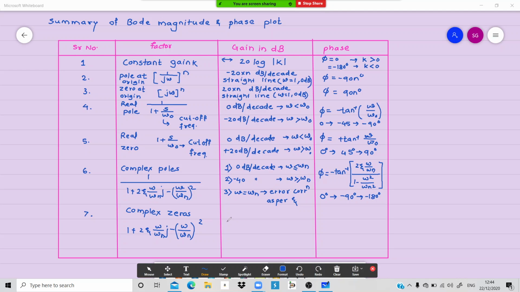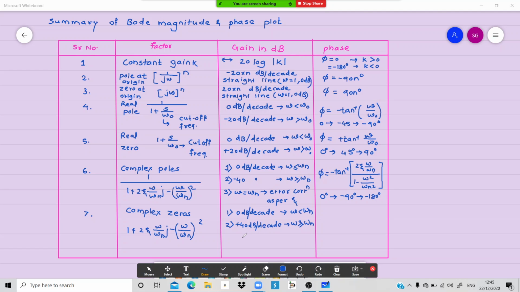Correct? So what we had seen: number 1, 0 dB per decade when omega was very much less than omega n. When it was greater than that, it changes to plus 40 dB per decade, when omega was very much on the higher side than omega n.